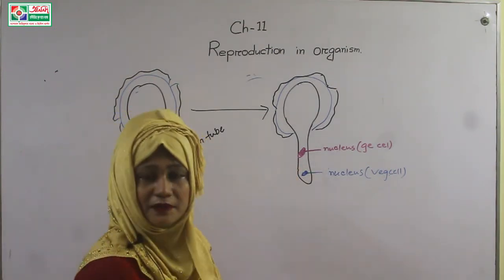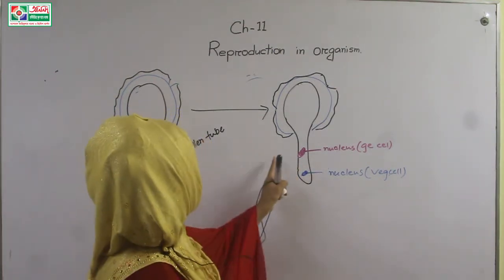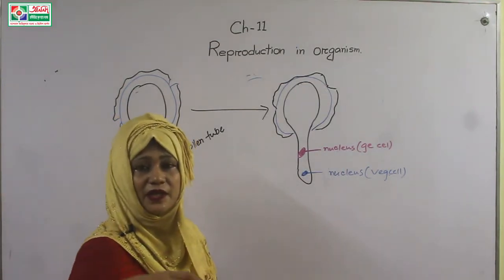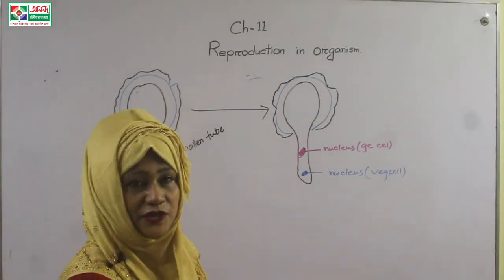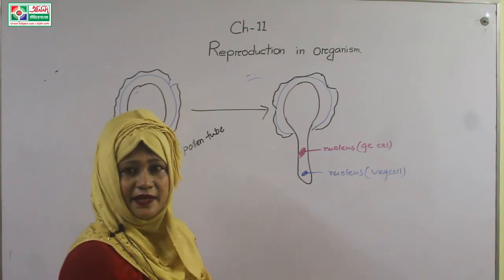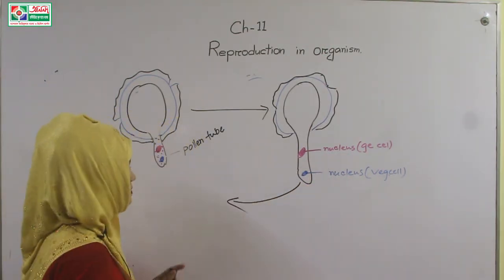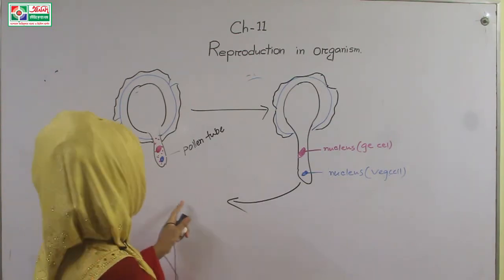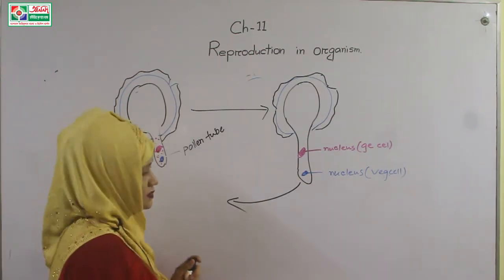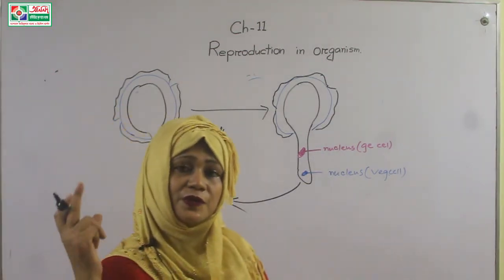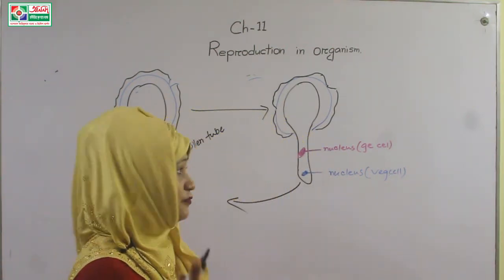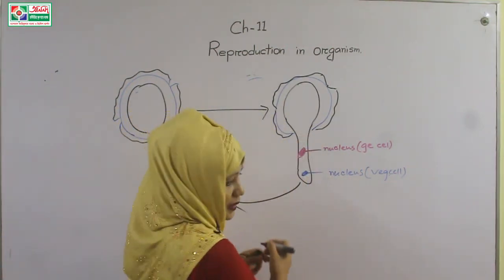The nucleus of the generative cell will undergo second mitosis. I am drawing the structure here for better understanding. Right, students? After second mitosis, it will produce two male gametes, and before that, the callus plug.